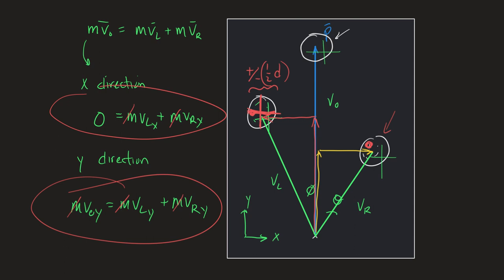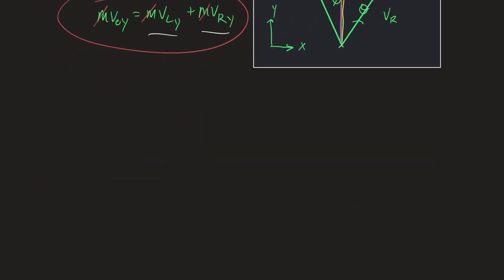But you want to show if this is true within your margin of error. So this is going to be VL in the y direction plus or minus whatever your error is. That's the actual value there. Plus VR in the y direction plus or minus your error.